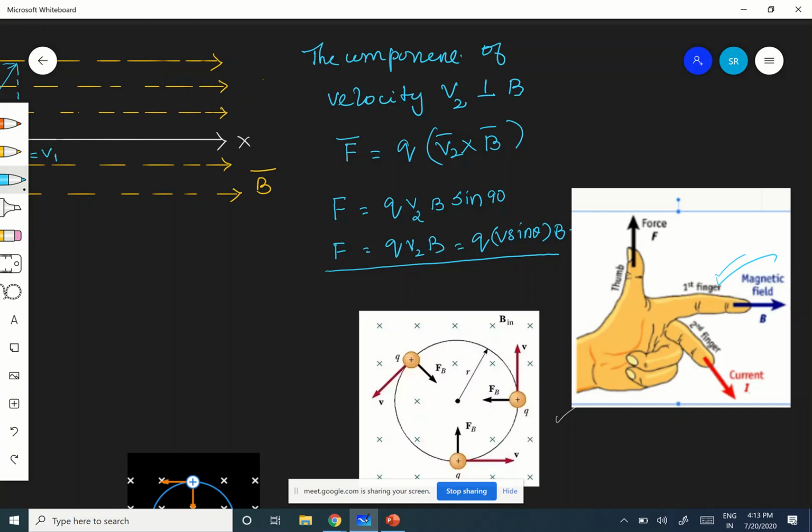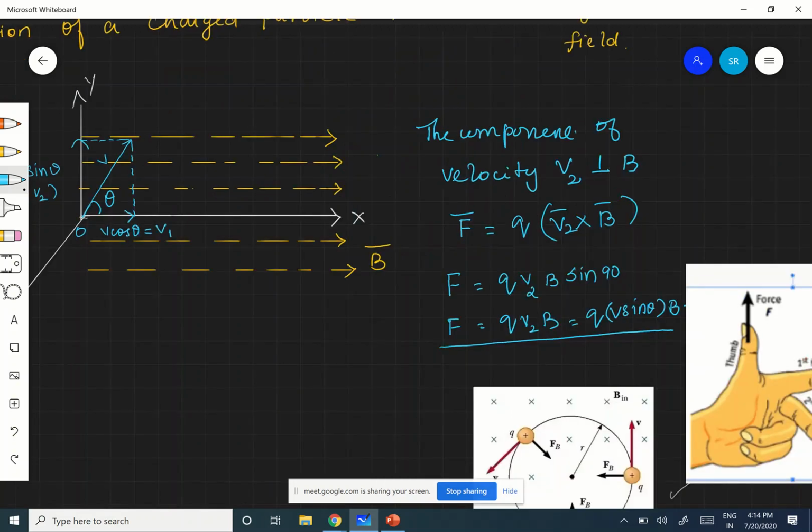Direction of the current means direction of motion of the positive charge. Direction of motion of positive charge is nothing but direction of current. Therefore, your second finger shows the direction of velocity of the positive charge or direction of the current, and your thumb shows the direction of the force experienced by the charged particle.